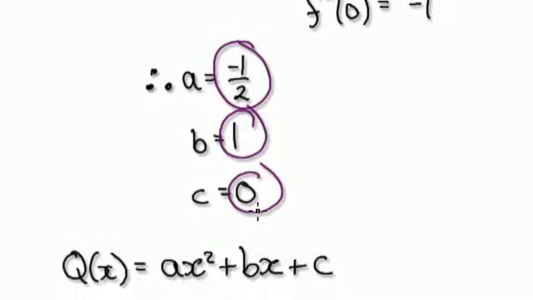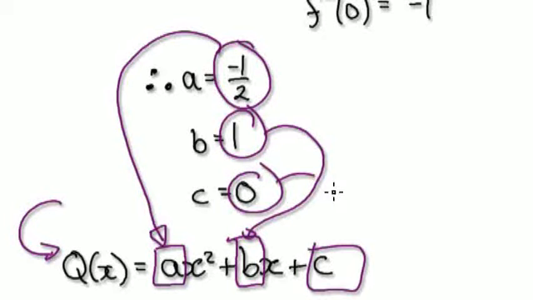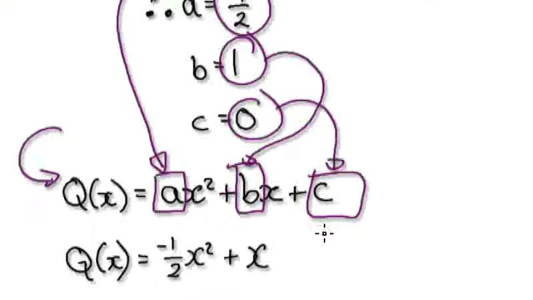Now we can start out with our original quadratic. Remember, we want to create a quadratic so it will be a good fit. If you set a to be this, b to be this, and c to be 0, then you would get this.